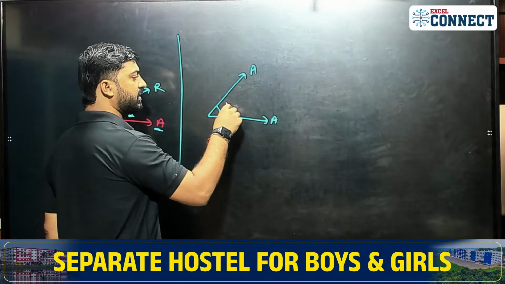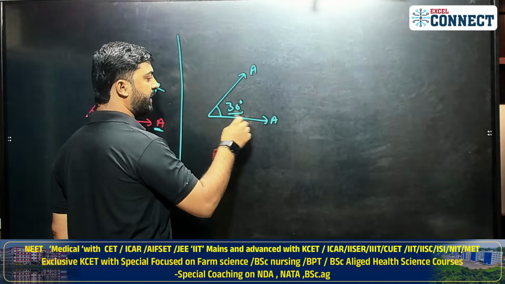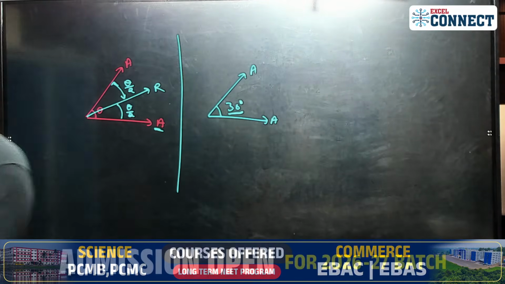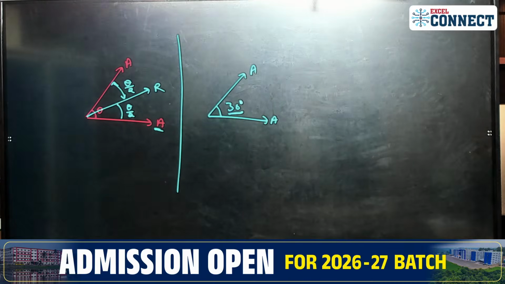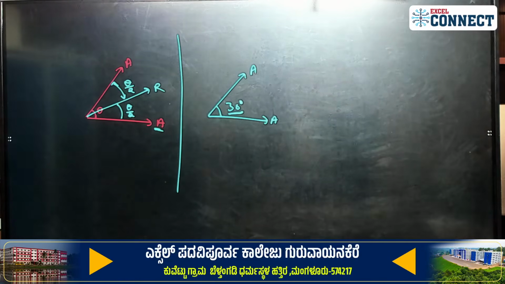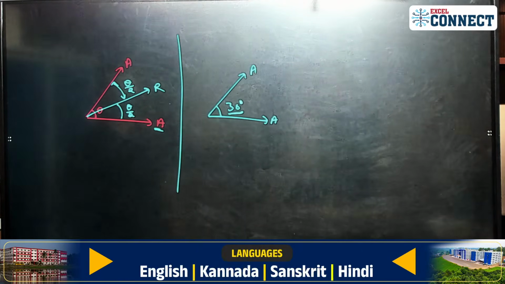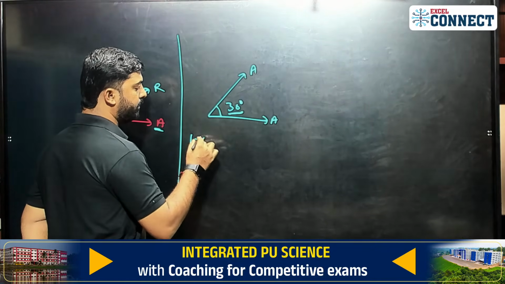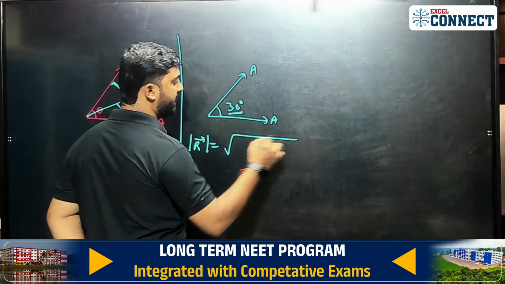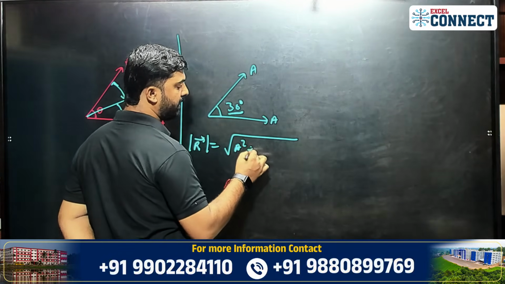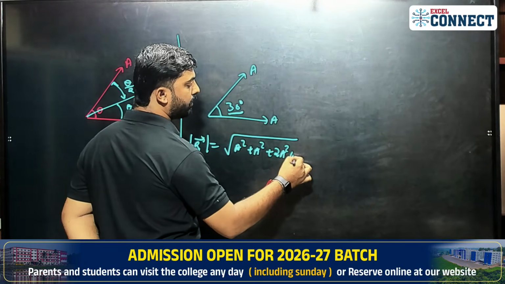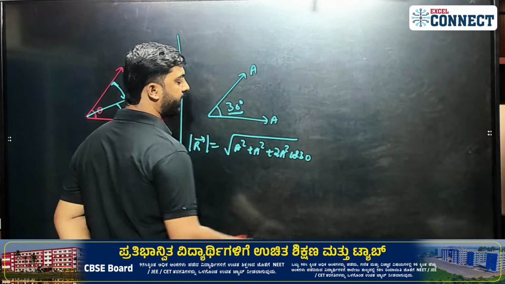Two vectors are at 30 degrees with respect to each other. Then what will be the answer for this? So, resultant will be a square plus a square plus 2a square cos 30.